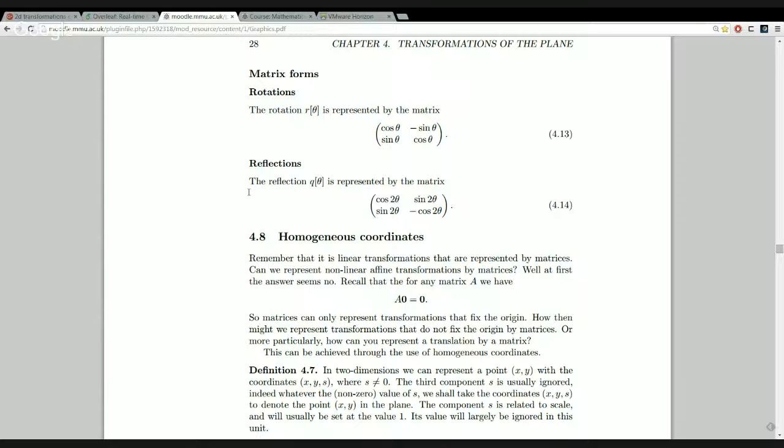Where does that come from? That comes from looking at that picture and thinking, how do I get from the origin to C?